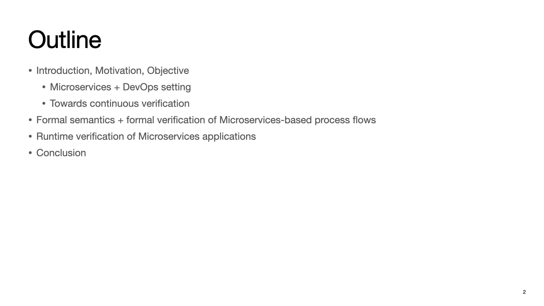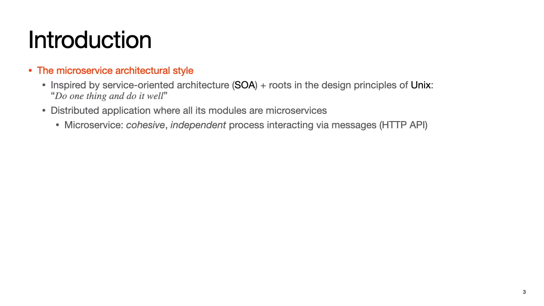Then I'm going to spend the majority of the time introducing the ideas behind this formal verification approach that mixes design time and runtime verification integrated into a DevOps loop. And in the end, we'll try to draw a conclusion. Okay, so let's get started with the introduction.